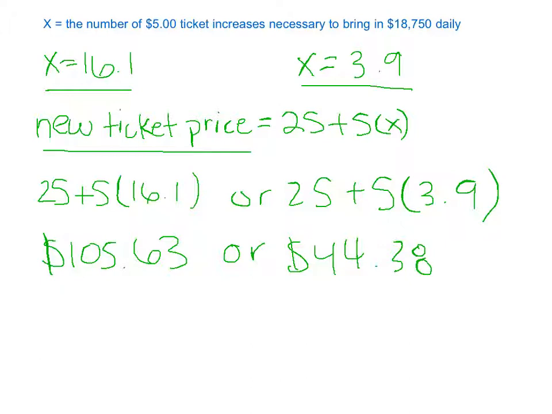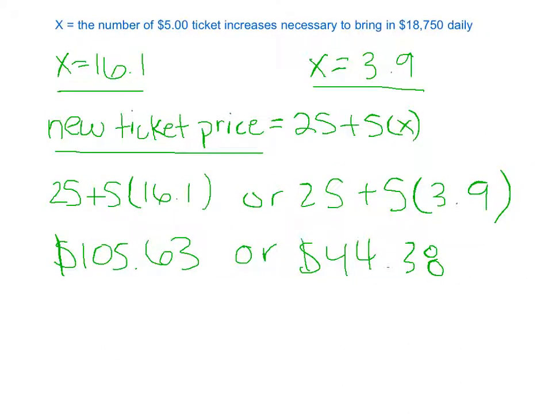We want to look at our possible new ticket prices and think what value seems realistic. It is probably not realistic to think that visitors are going to pay $105.63 for a ticket. So our best answer is $44.38.